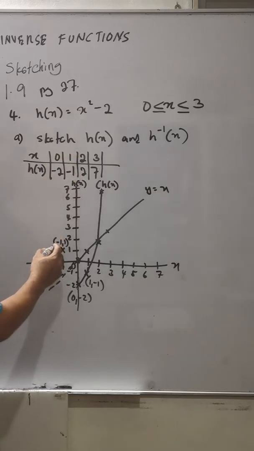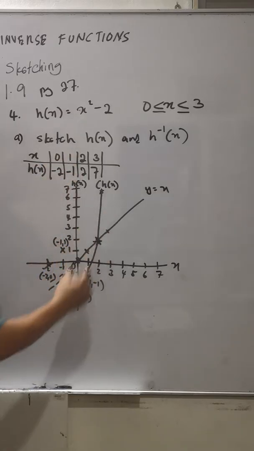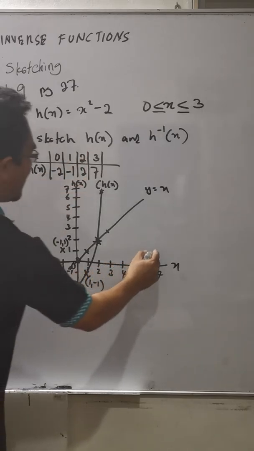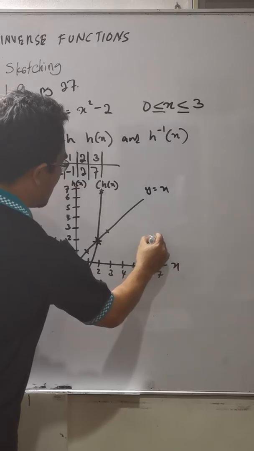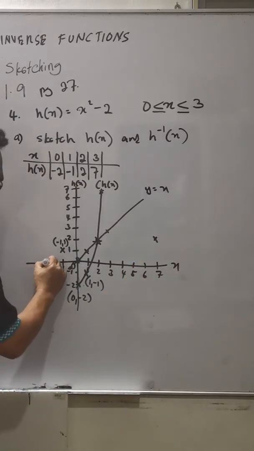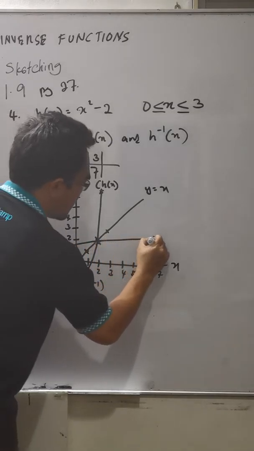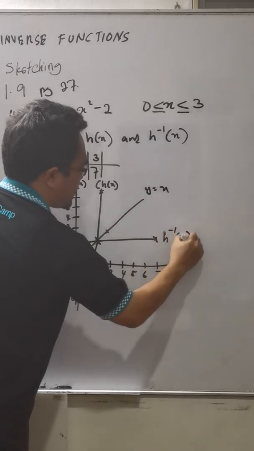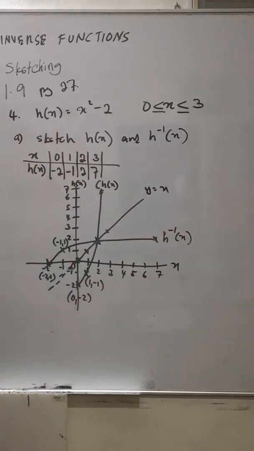It will remain as (2, 2) here. And then (3, 7) will be (7, 3) around here. So the inverse function will be something like that. So this is the inverse of h.